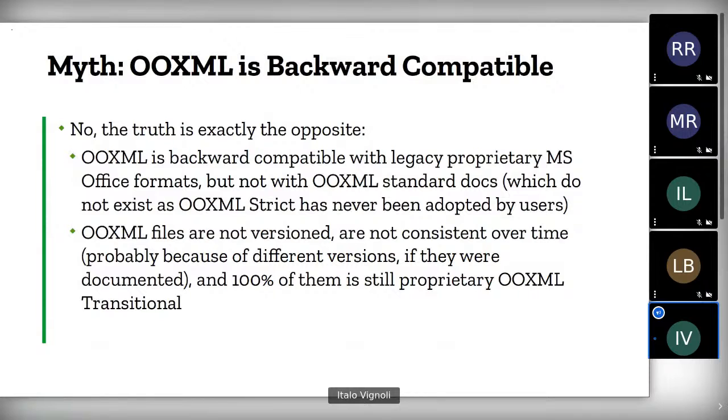And 100% of them, or if you prefer 99.99%, is proprietary Office OpenXML Transitional. So people should avoid using those formats. Unfortunately, the majority of people is using them.